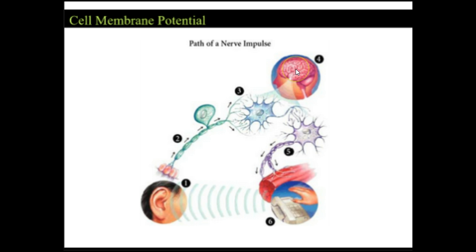So they receive the nerve impulse, and then they'll send a stimulus back to our hands to go pick up the phone. We call those efferent neurons.